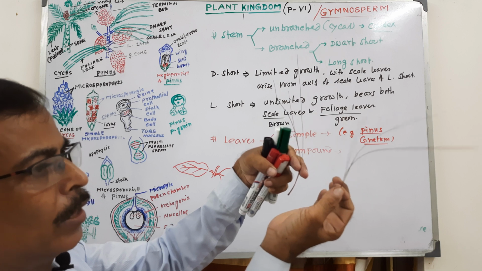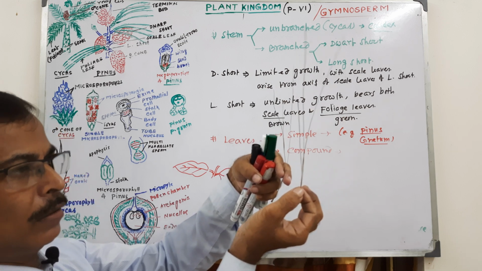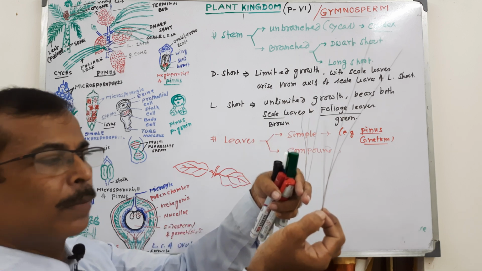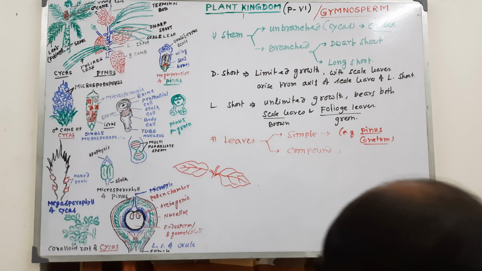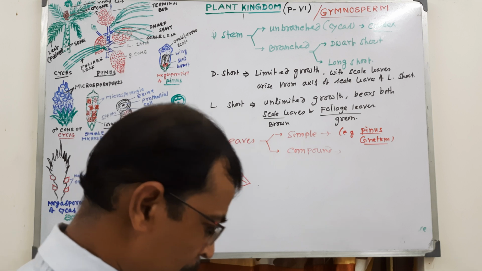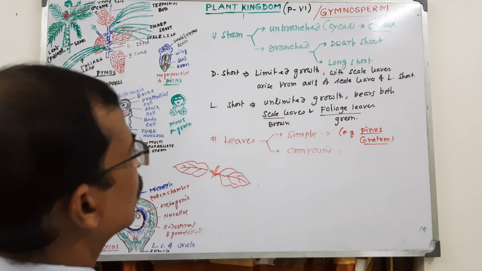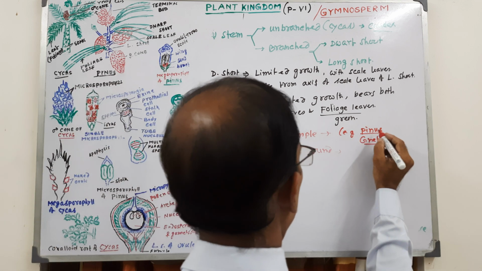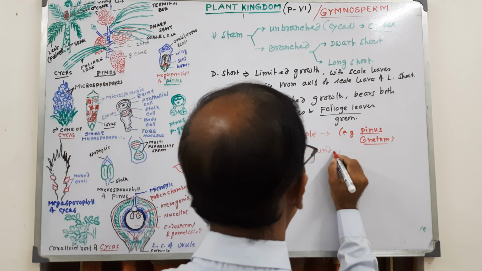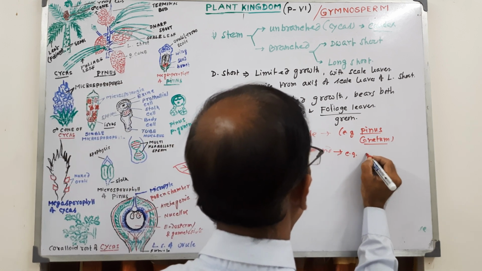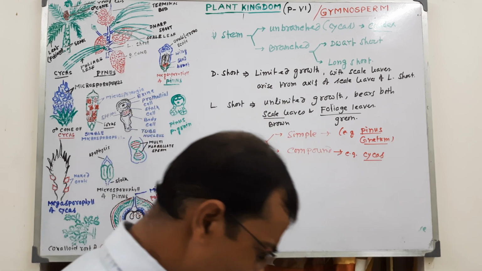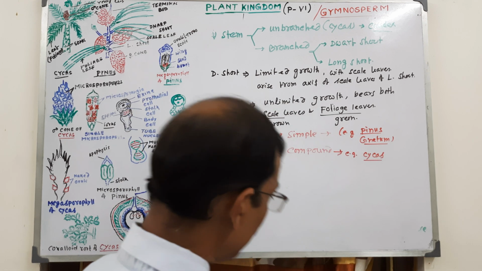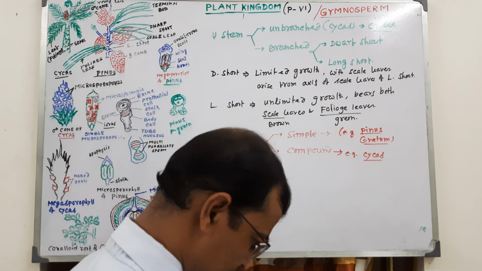Though the leaf is needle-like, in sectional view it is somewhat semicircular. Leaves are simple in Pinus and Gnetum. Compound, for example Cycas. And leaves reticulate, dicot-like.